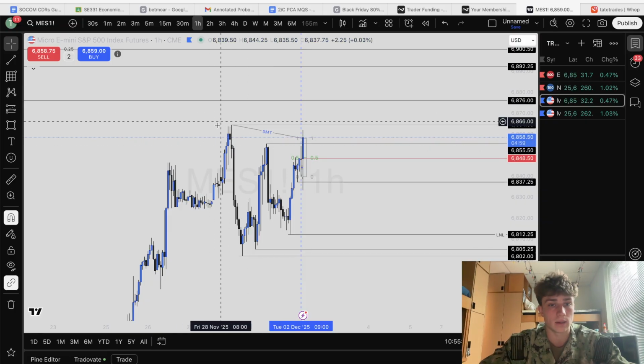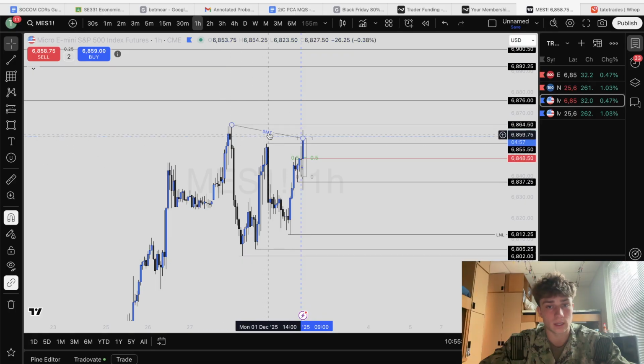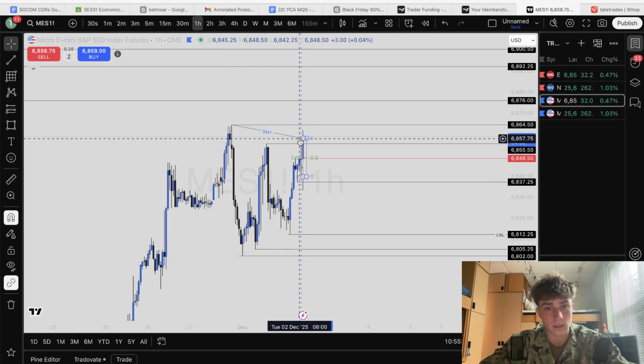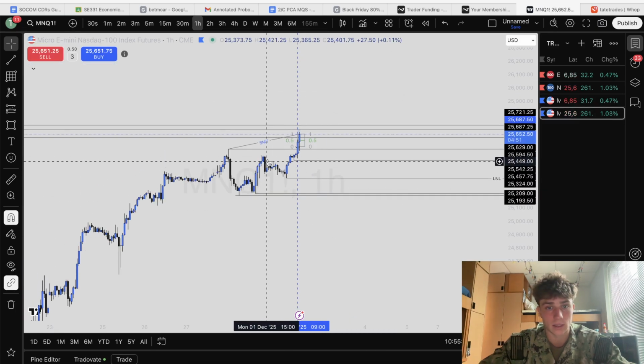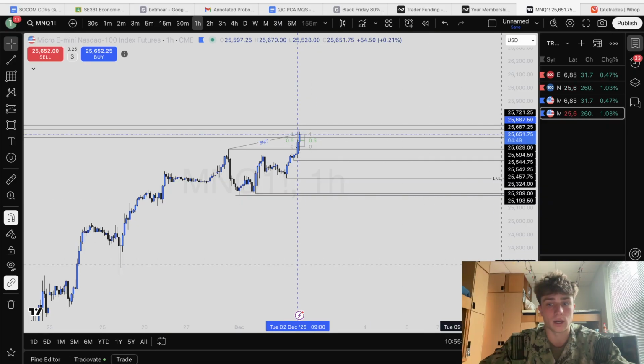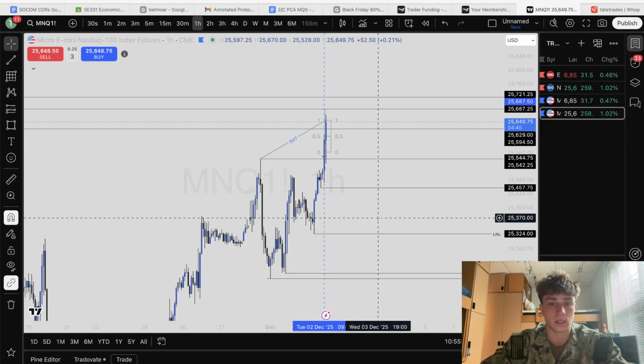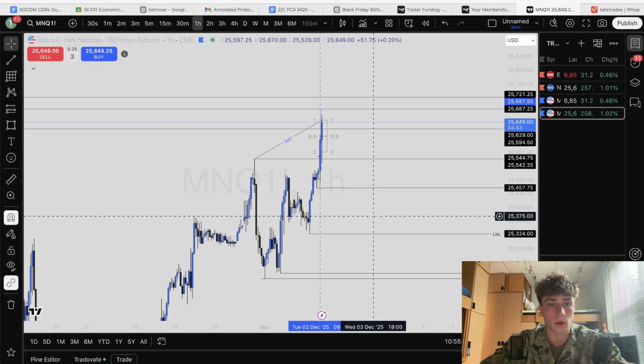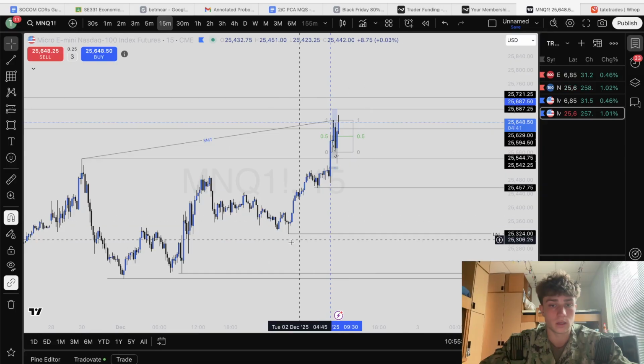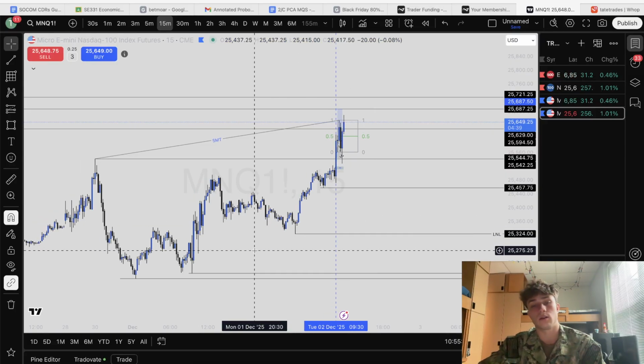So Nasdaq had this high and created a higher high coming into market open, whereas ES had created a lower high. So we had a high time frame bearish SMT. However, the session profile says that we were going to continue higher.